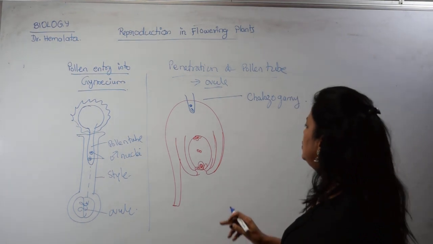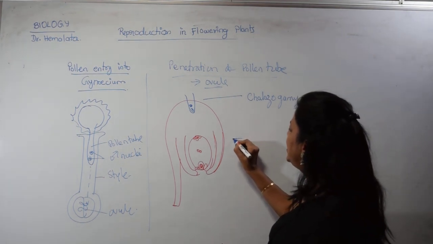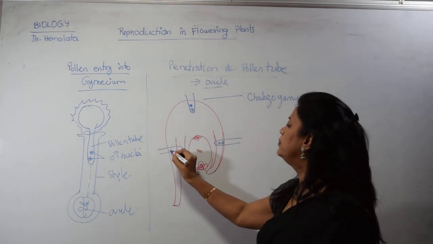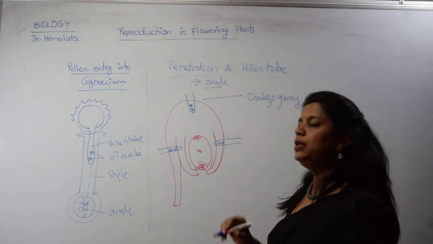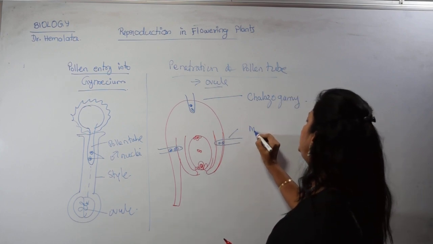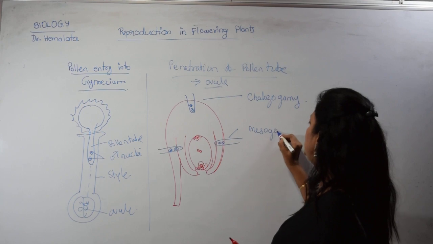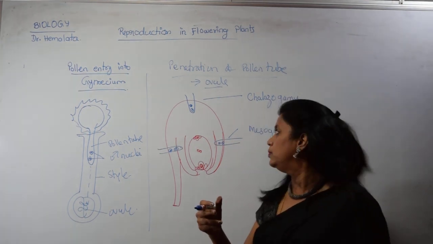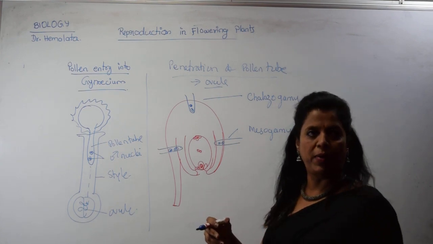Okay. Next, sometimes it may enter through the sides or through the integuments, either here or through this area. This entry of the pollen tube through the integuments is called mesogamy. Mesogamy refers to entry of the pollen tube through the sides or through the integuments.